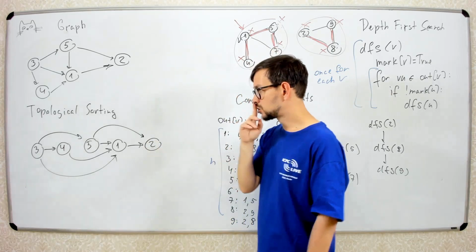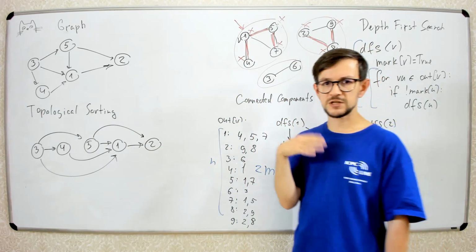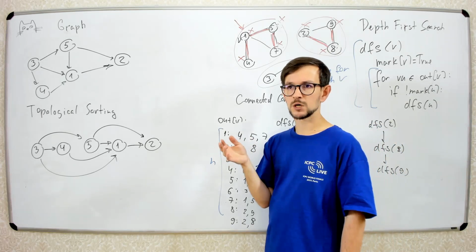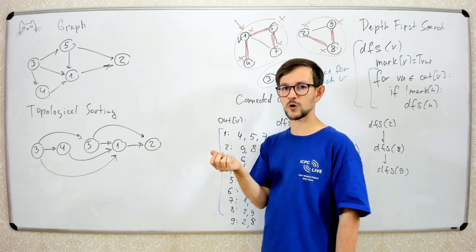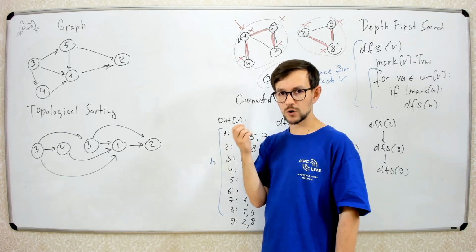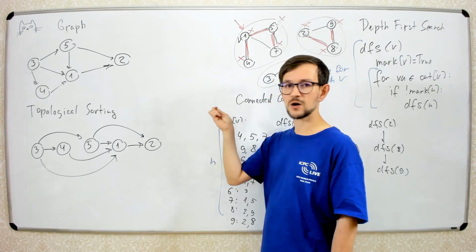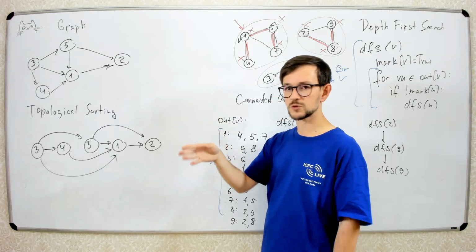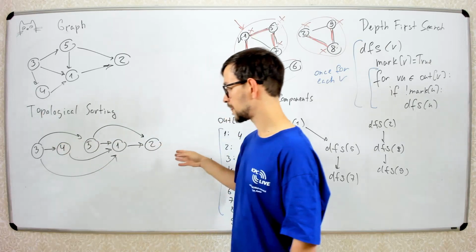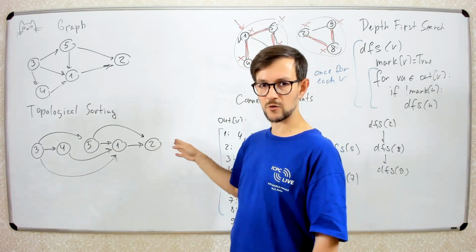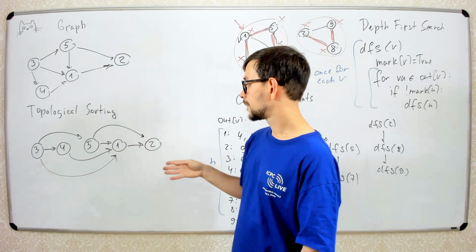Another thing you can do when you have topological ordering is to make different dynamic programming algorithms. For example, we discussed some dynamic programming algorithms in the first semester. You can do it on an acyclic graph if you first make the topological ordering. So first you make the topological ordering of your graph, and then you write dynamic programming from right to left or left to right, it depends.